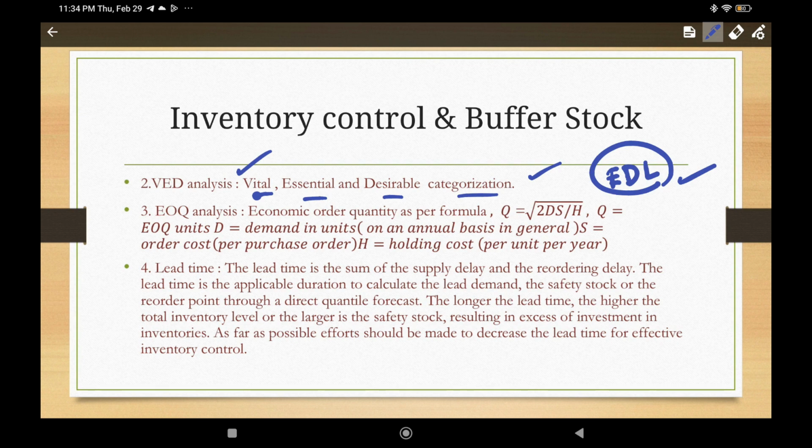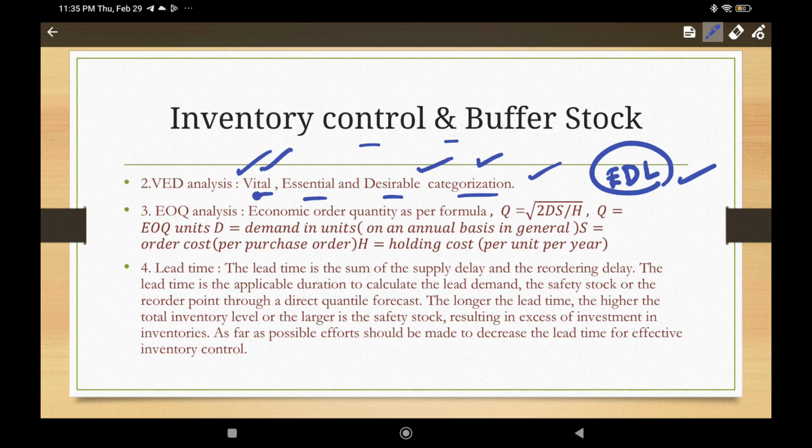Now the drug list whatever is issued by the government is not bad, but that drug list was very much explainable and quite easy for the medical professionals to check whether the drug is falling in the vital, essential or desirable category, and how the calculations of the buffer stock and inventory control are to be done. It was written there. So VED analysis means vital, essential and desirable categorization.